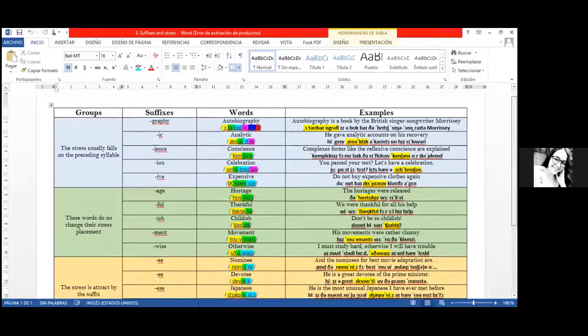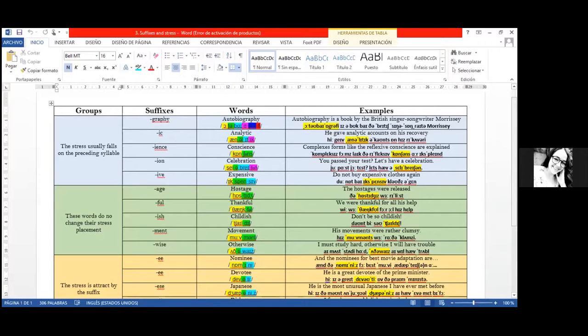So for the first group, in which the stress usually falls on the preceding syllable, I selected the suffixes graphy, ik, ians, ion, and if. For the first case, I have autobiography, and the example is: Autobiography is a book by the British singer-songwriter Morrissey.